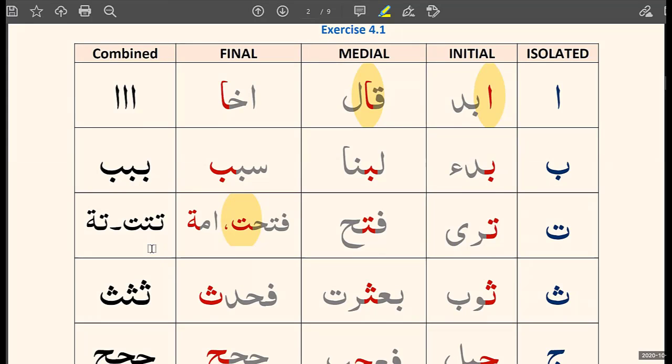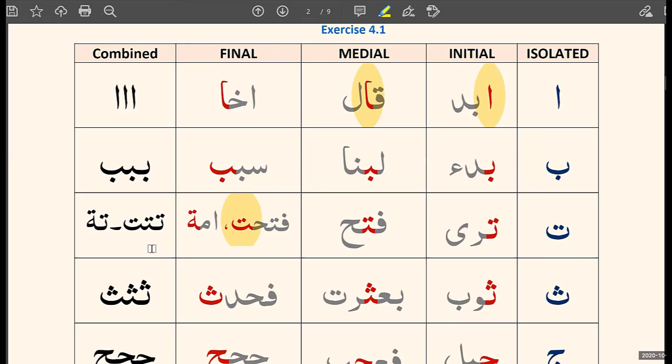Either it is the flat Ta, coming in all three positions, or this connected Ta. Connected means when it is connected to the previous letter, it cannot be connected to the following letter. This is important to note.